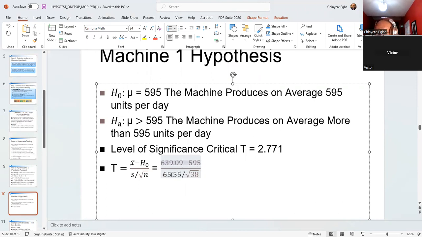Okay, and the standard deviation was 60.48, divided by the square root of 28. So what does it give you? Give me the calculation. Okay, give me a minute.